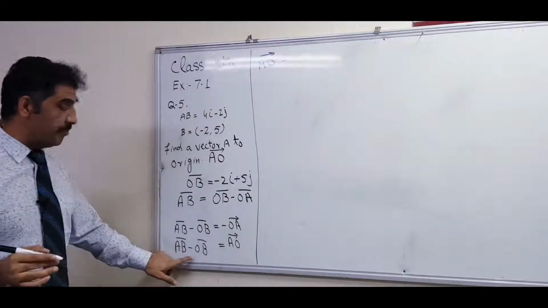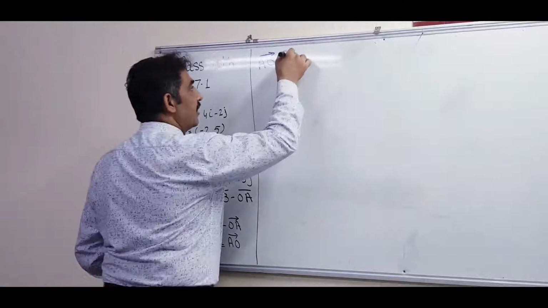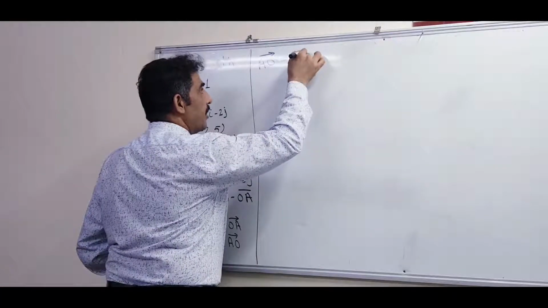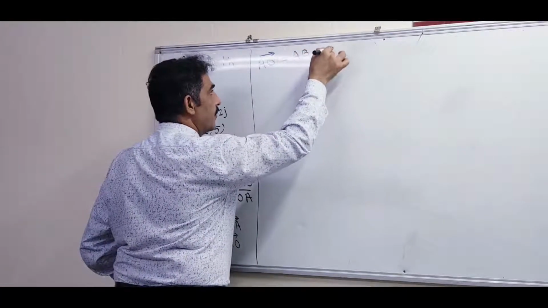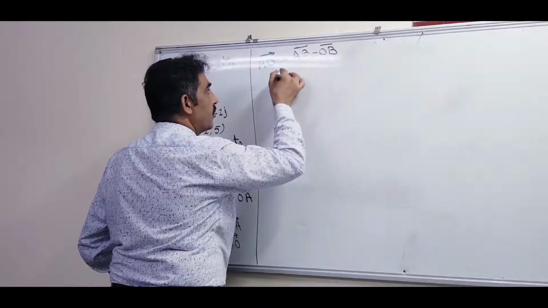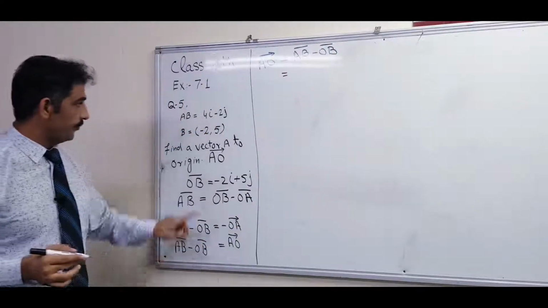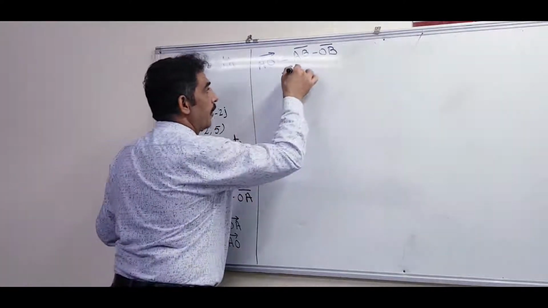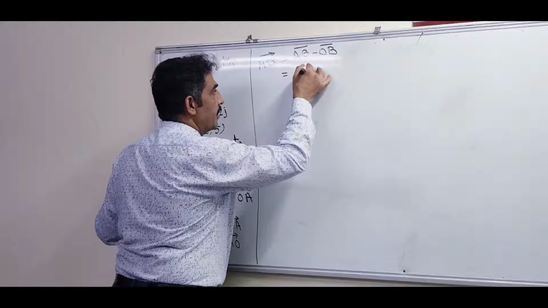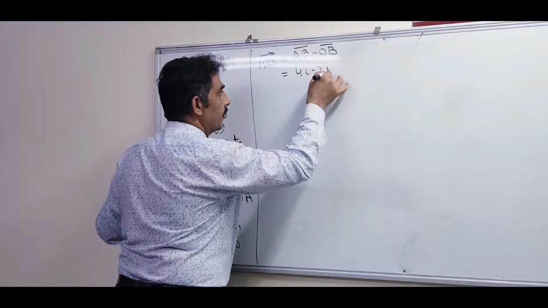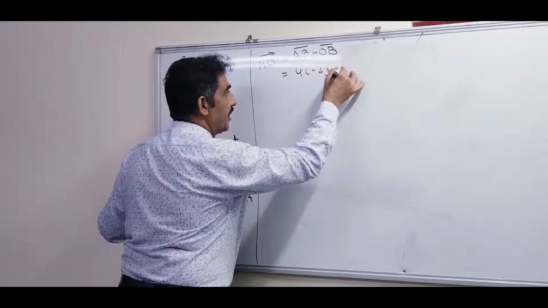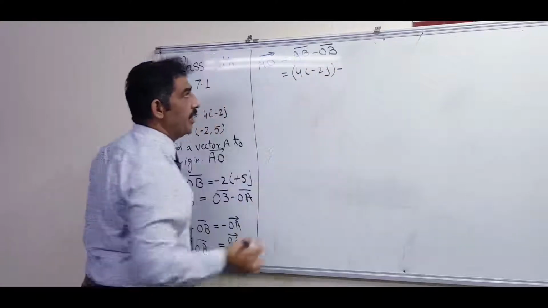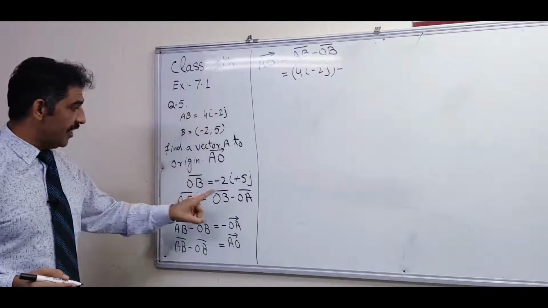So AB minus OB. What is the value of AB? 4i minus 2j, after that the negative sign. Then OB, what is the value of OB?